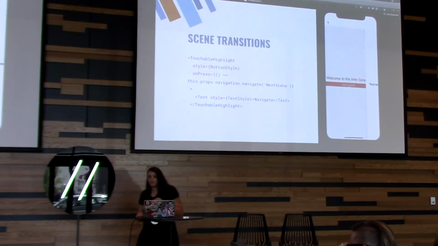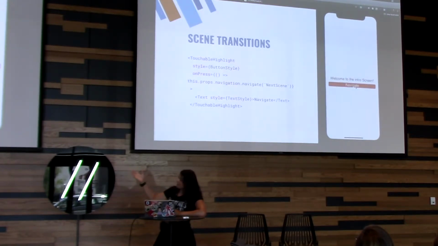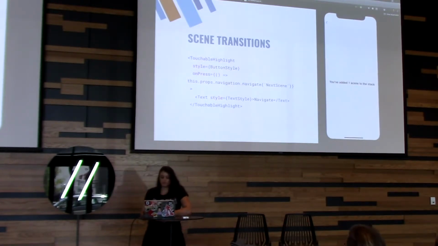And as you can see here, the scene transitions to the next on a press, and this is some of the React Native syntax. Your touchable highlight is one of the types of buttons you might use. When I press on that, I'm accessing that navigate function from within the navigation object and telling it to go to the next scene. And then voila, we go to the next scene.